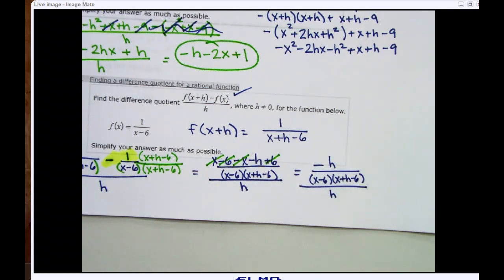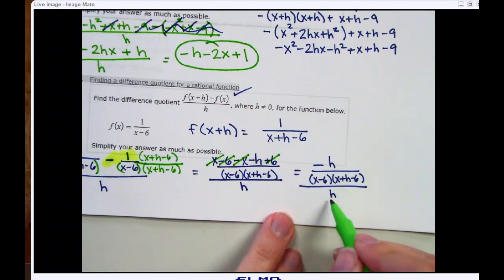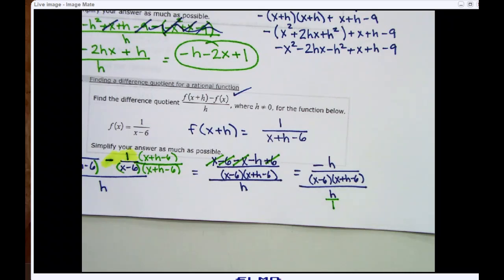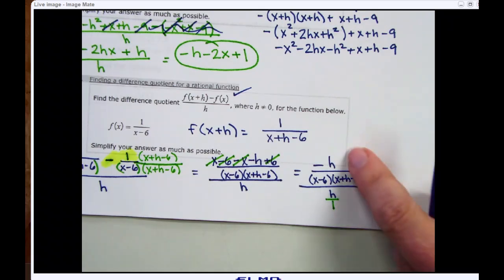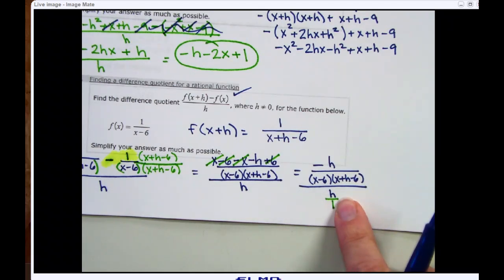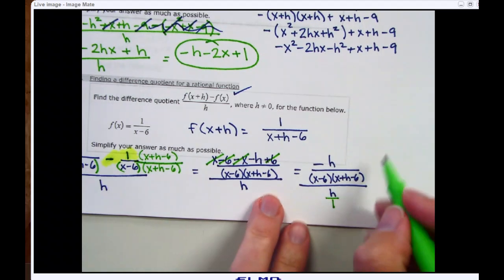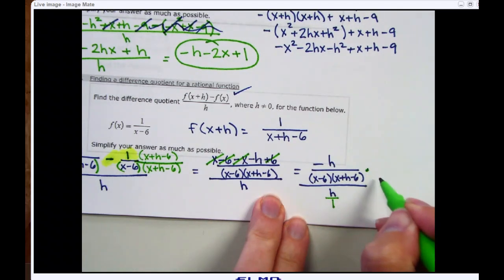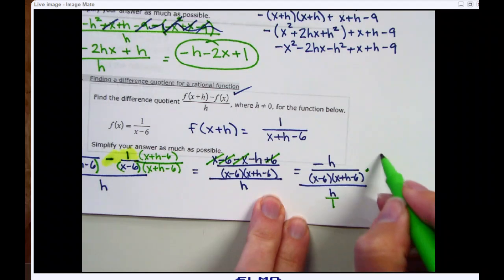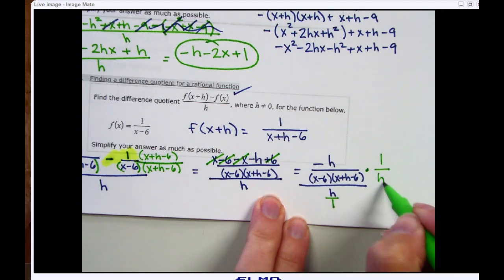Now a little trick I like to do, just because it makes things feel better, and you don't have to do this, but as soon as I do that, and remind you that we're dividing by a fraction, even though it's just h, okay? How do we divide by a fraction? We times by the reciprocal. So we're going to now times this by 1 over h.